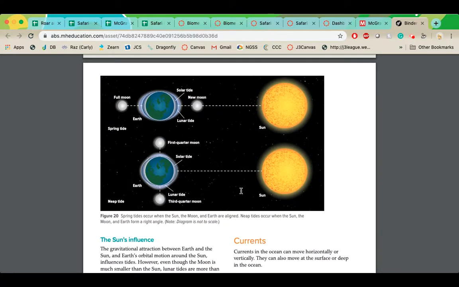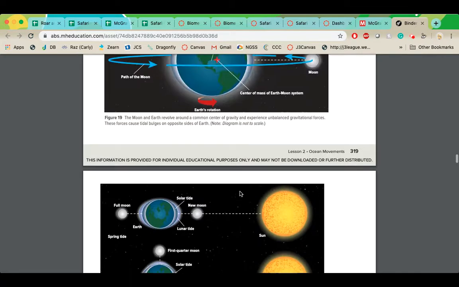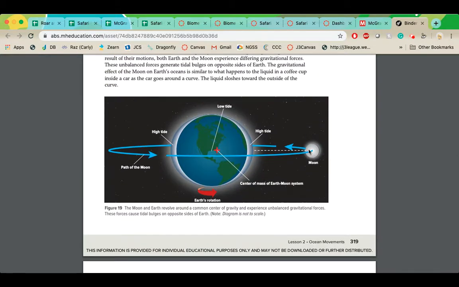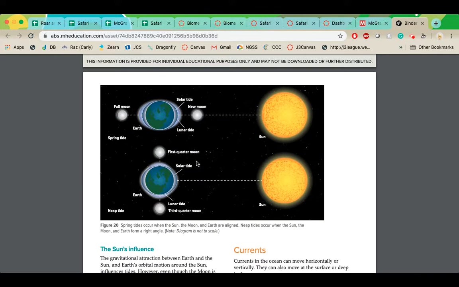The sun also has a pull, and I'm sorry, I should go back. You have a lower tide when the moon is more perpendicular to wherever you are. You can also get an extra high tide if the sun and the moon are in alignment.